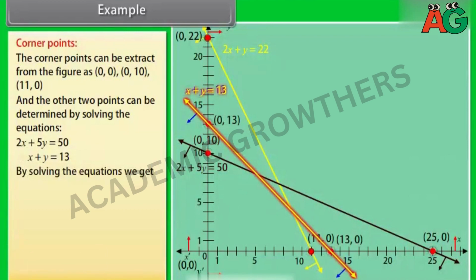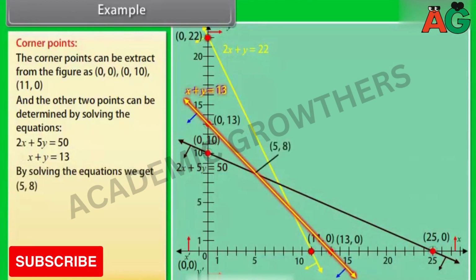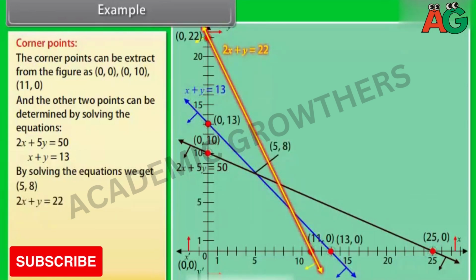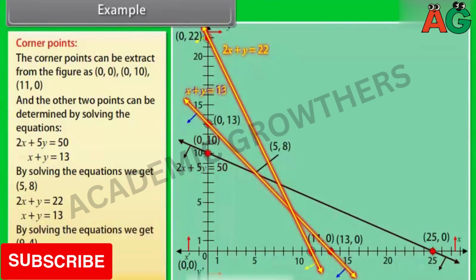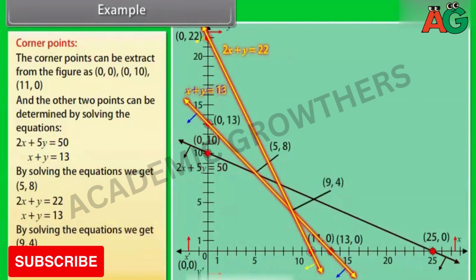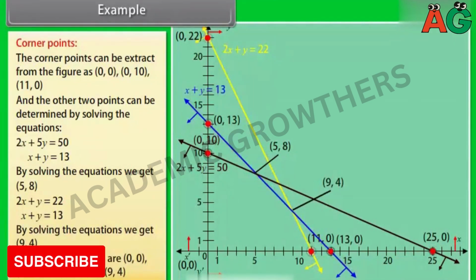By solving the equations, we get (5, 8). 2x plus y is equal to 22 and x plus y is equal to 13. By solving the equations, we get (9, 4). So, the corner points are (0, 0), (0, 10), (11, 0), (5, 8), (9, 4).